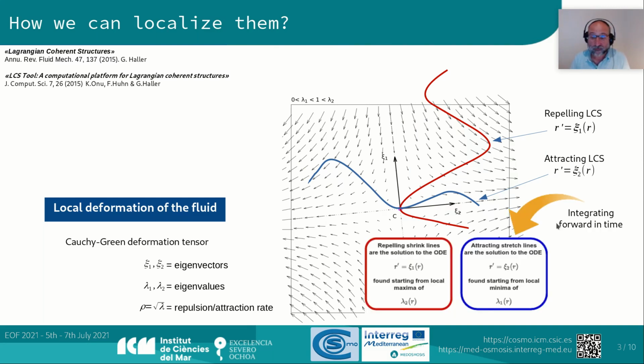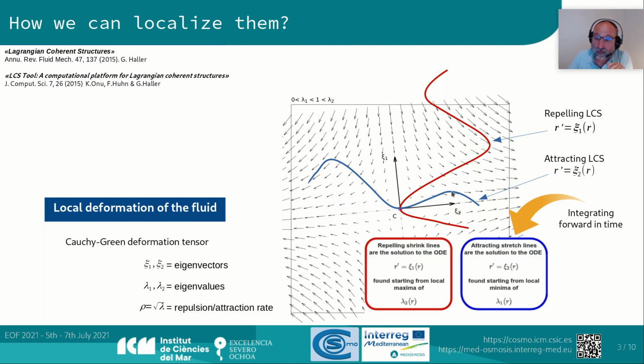Integrated forward in time, we will find the repelling or the attracting, and we need to put as a starting condition to integrate the local maximum of these eigenvalues, or local minima for this one. We define the local maximum, then integrate along this line.